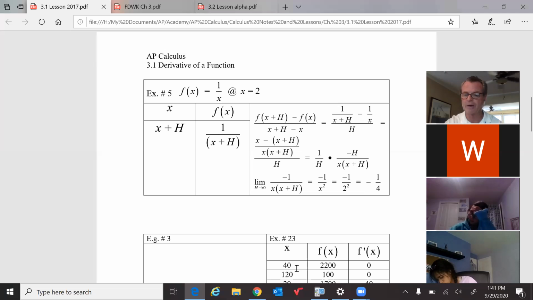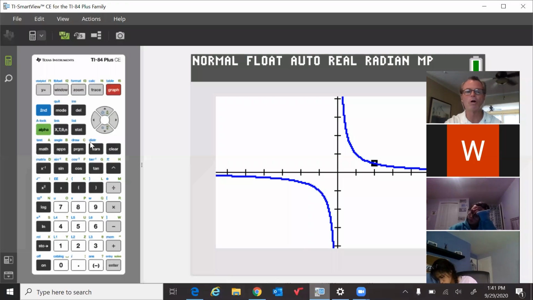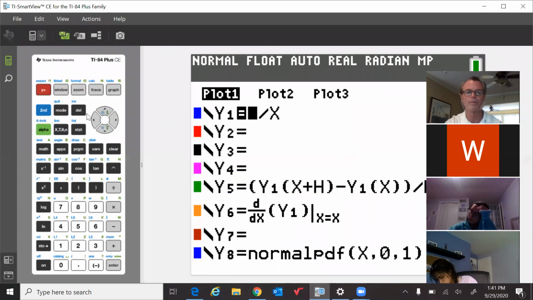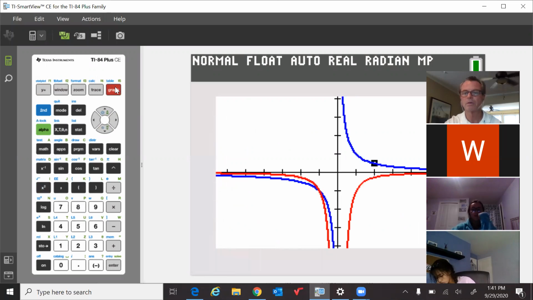So I go to the calculator and I type this. Ready? Negative 1 over x squared into y2. Now, first, you're just going to look at this. Does this make sense?